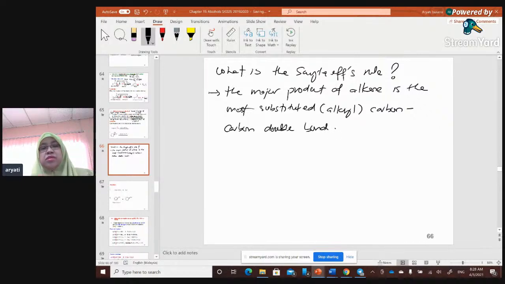So this is the example. The major product of alkene is the most stable alkene.